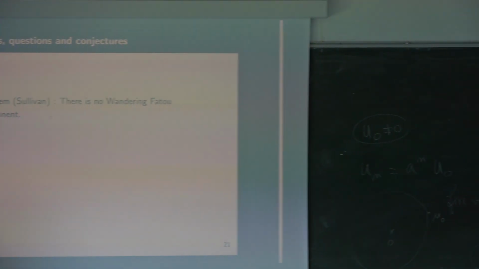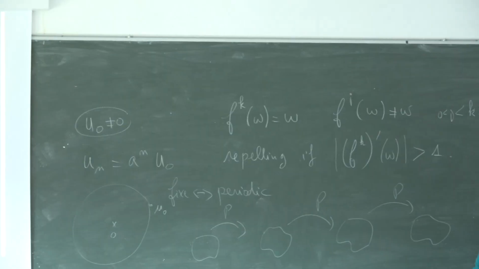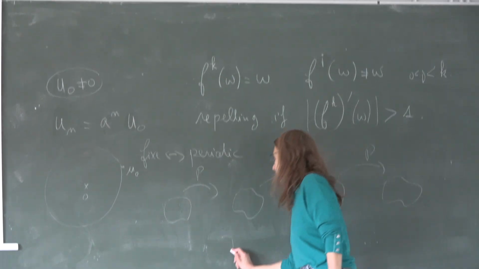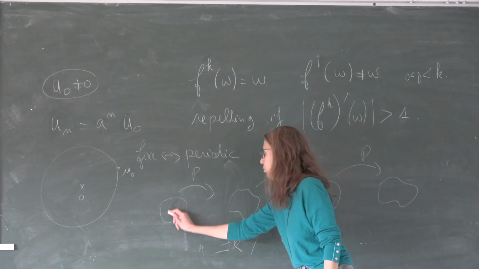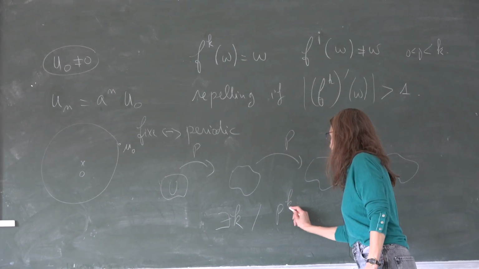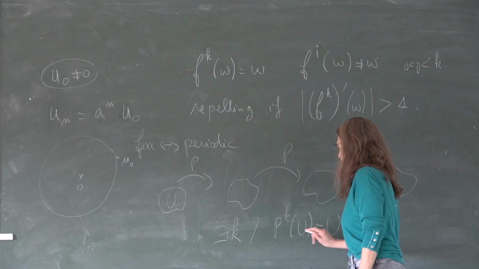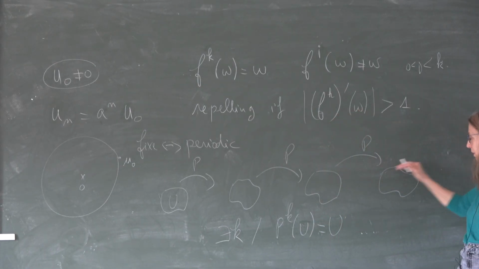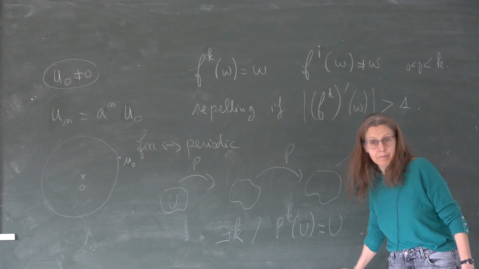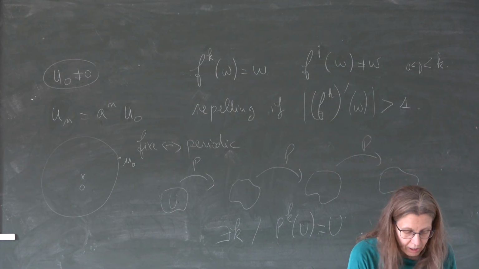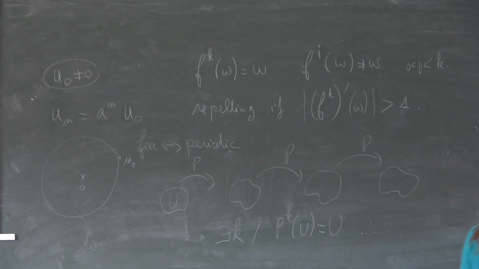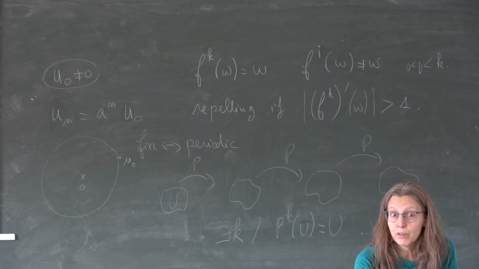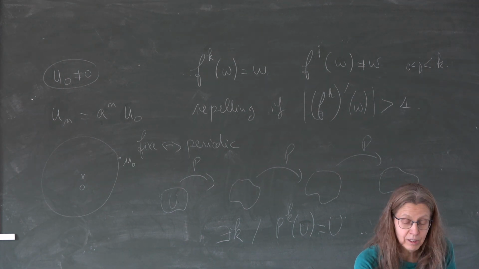In fact, it's very difficult to prove. It uses a lot of geometric ideas. It proves that there exists a k such that, if U is a connected component, P^k of U is equal to U. So there is no wandering. Wandering means that you do not come back. It's a very important result, and this is only for rational maps. It was a question whether it's true for non-rational maps and even in higher degree.